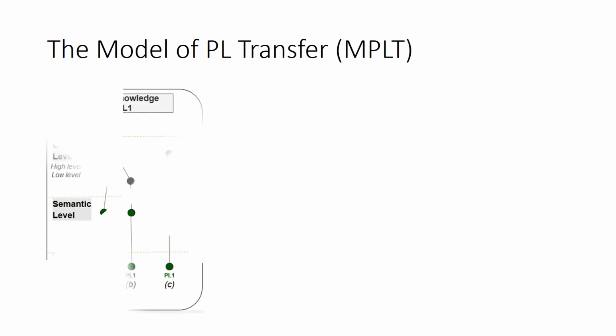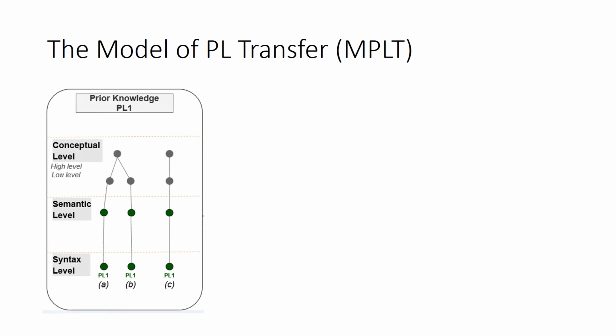In our proposed model, the programmer's knowledge is built of a network of nodes that are connected at different levels. There is the syntax, the semantics, and concepts, following a connectionist approach of cognitive learning. When a programmer is learning their first programming language, associations between the nodes are established.